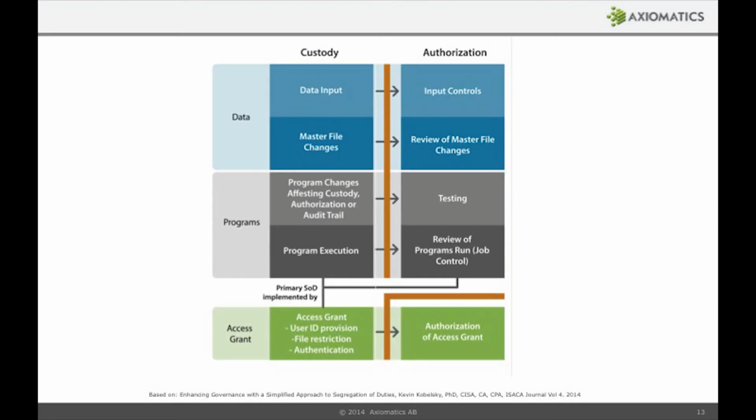So, another view on this comes from yet another article in the same good paper, this one by Kevin Kobelski, who has suggested a way to help organizations start thinking in the new way of how to authorize.